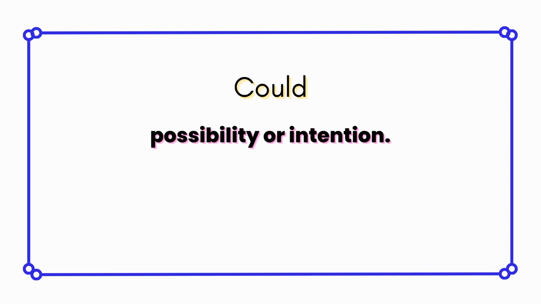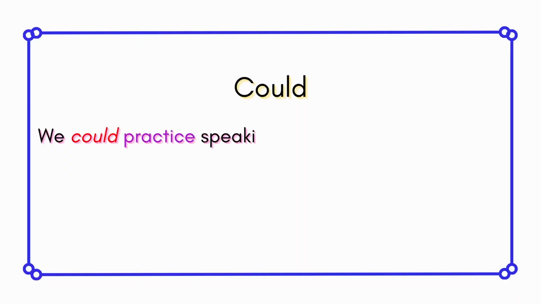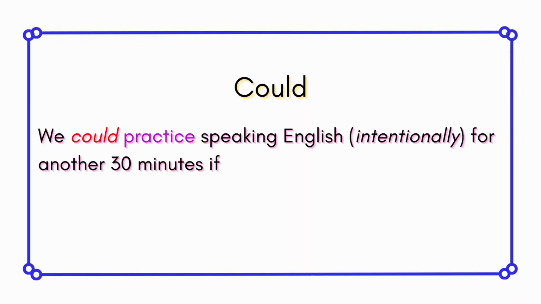The modal verb could is placed before the main verb to help us understand that the sentence contains a possibility or intention. For instance, we could practice speaking English intentionally for another 30 minutes if you have time.